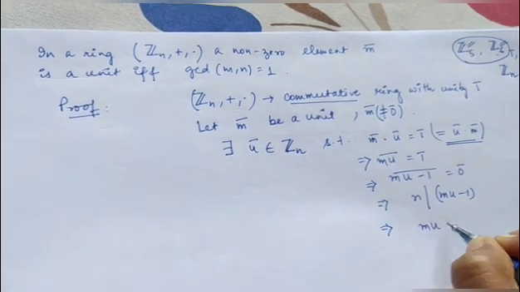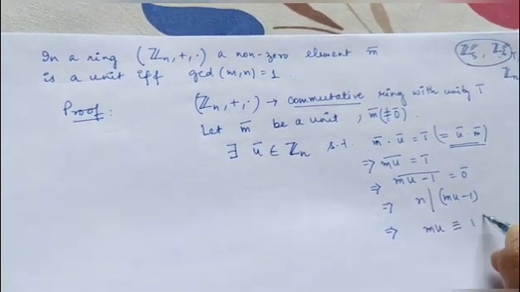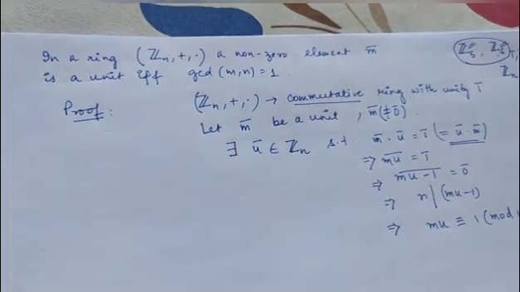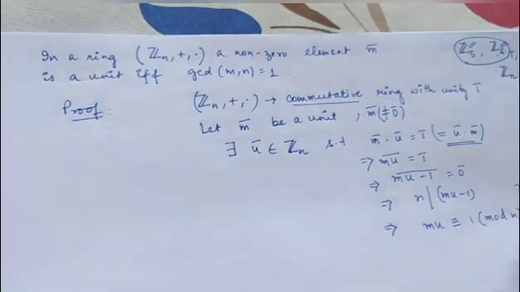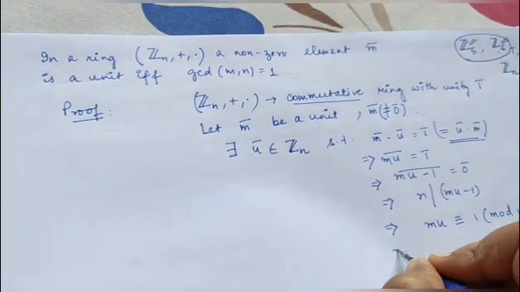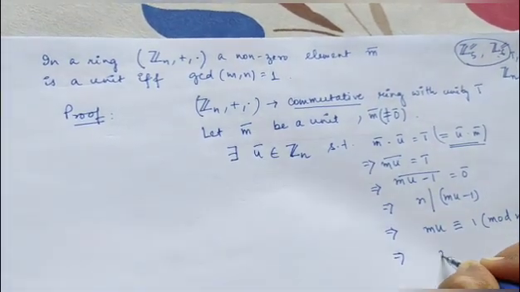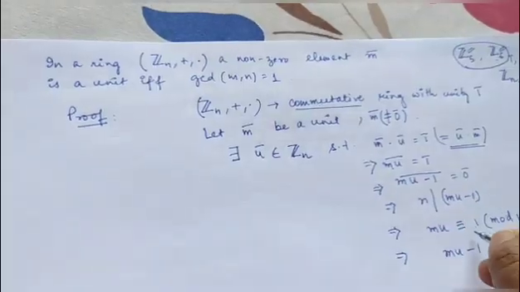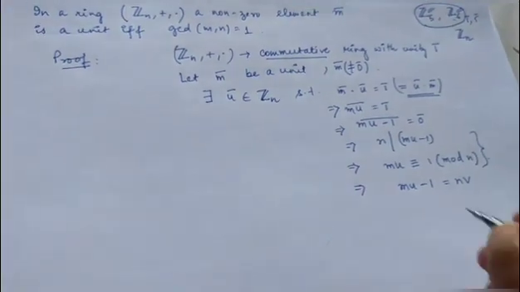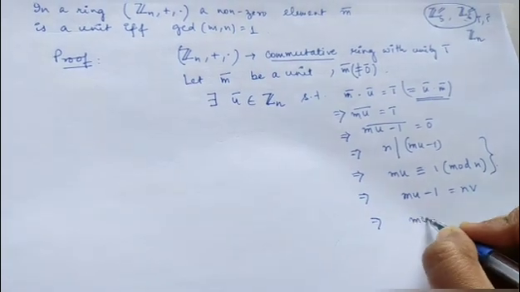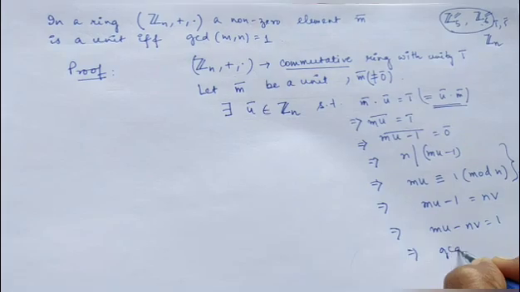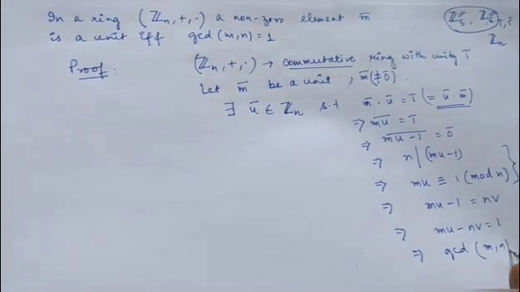That means mu is congruent to 1 modulo n. So you can write this or you can write this, which implies mu minus 1 equals nv, by divisibility or by congruence, anything. So this implies mu minus nv equals 1, which implies GCD of m, n equals 1.